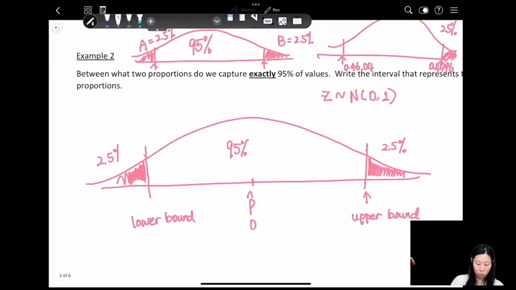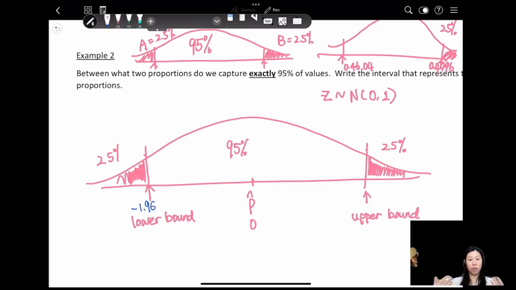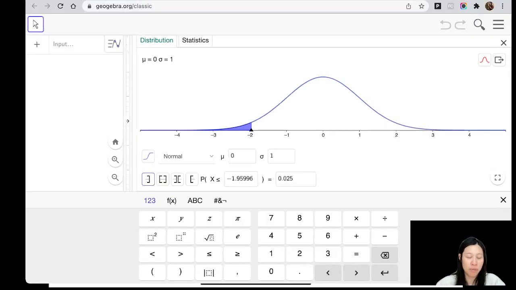So we know that for a standardized normal distribution, the cutoff value here would be negative 1.96. Because this is symmetric, this is going to be a positive 1.96. This is really important because our center is 0. That means the left part is going to equal the right part because it's symmetric. But if you're not sure about that, we should do it again from GeoGebra.